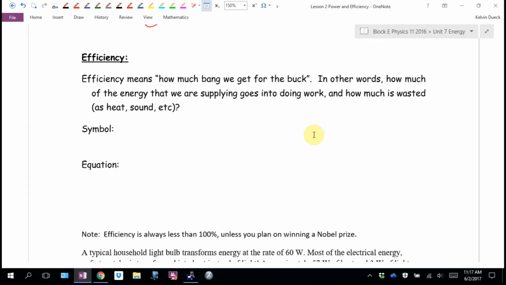There is a symbol for efficiency. First of all, you can just write EFF for efficiency. In fact, that's what I did for years. I only found out that there's actually a physics symbol for efficiency a few years ago. The symbol for efficiency is the Greek letter eta.